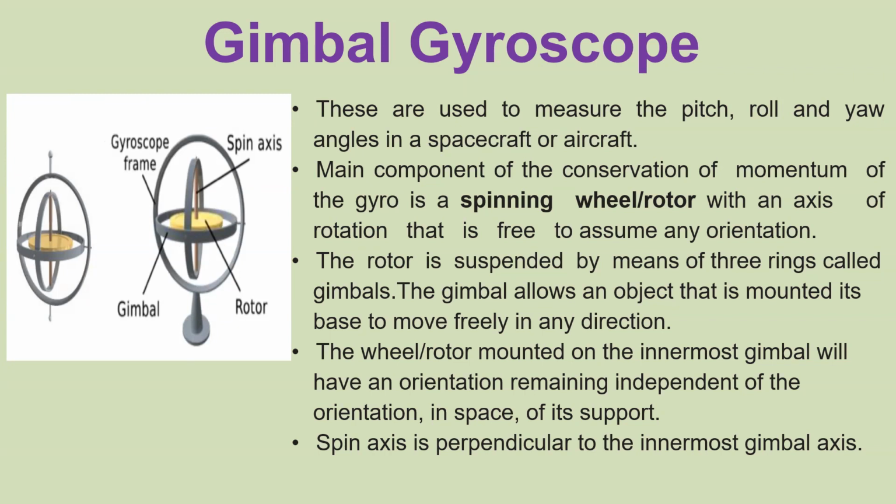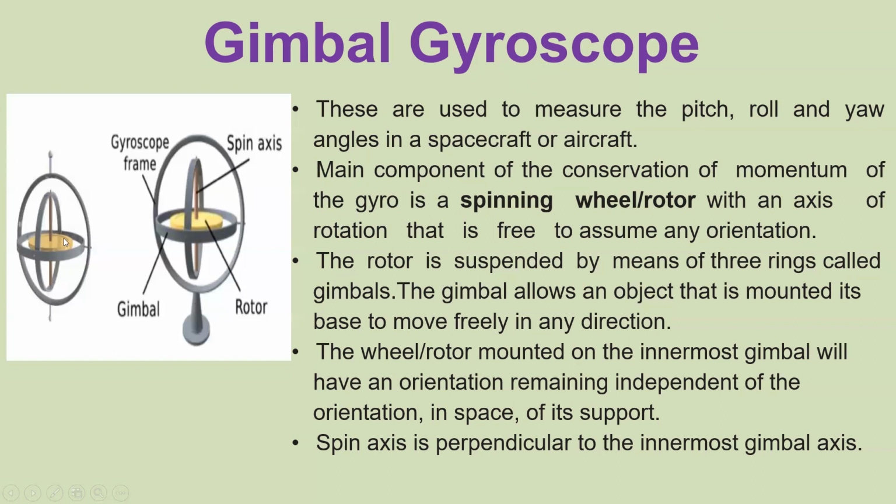So this is using the principle of conservation of momentum. So it is also called the conservation of momentum gyro. Gyro is short for the gyroscope, I forgot to mention. And it has a spinning wheel, or in other terms called rotor.